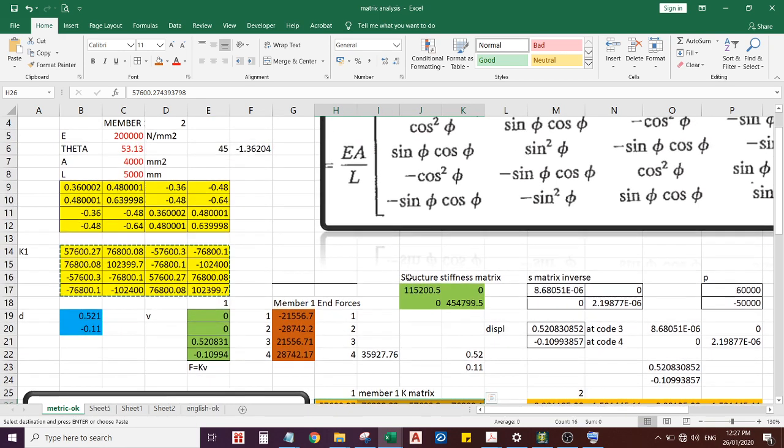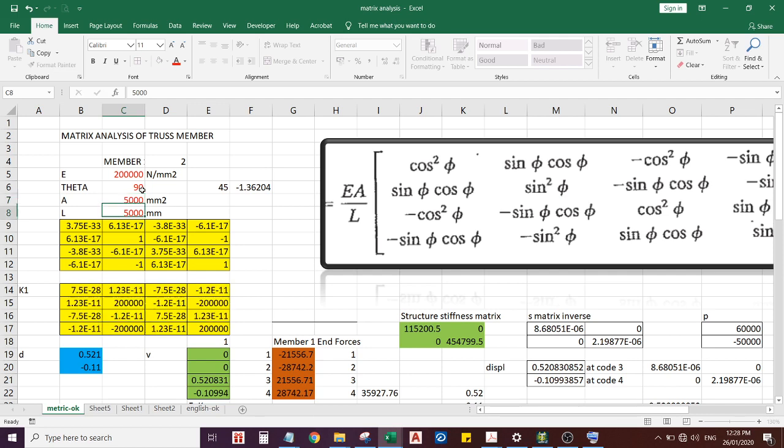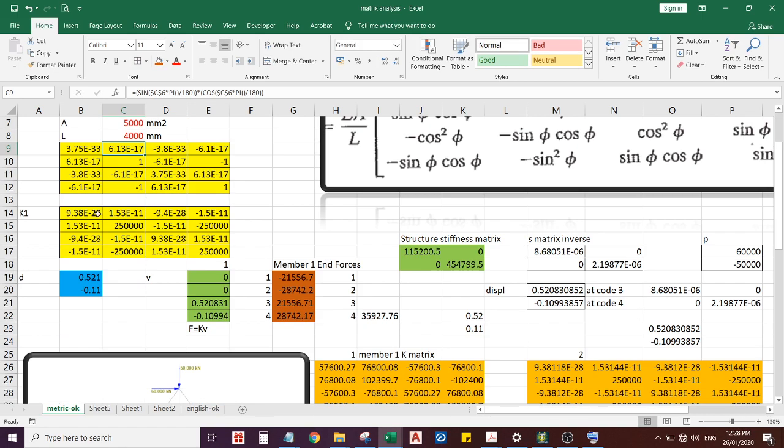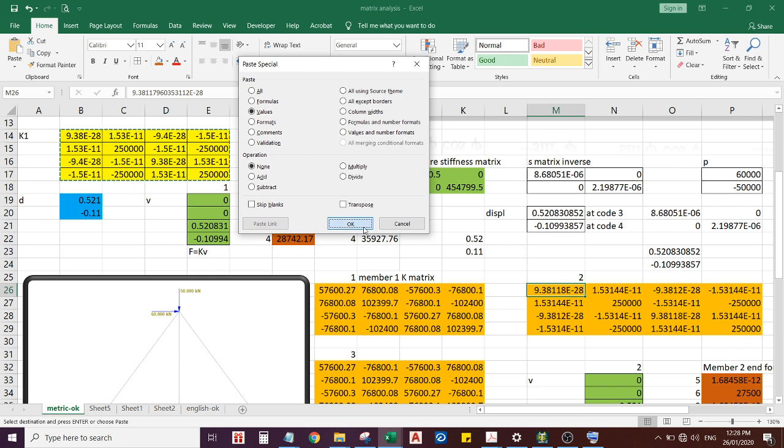So I'll do the same process again for member 2. This is now 90. This is now 5,000. And the length is only 4,000. Okay. Then copy paste again this one, Control C, and paste here.